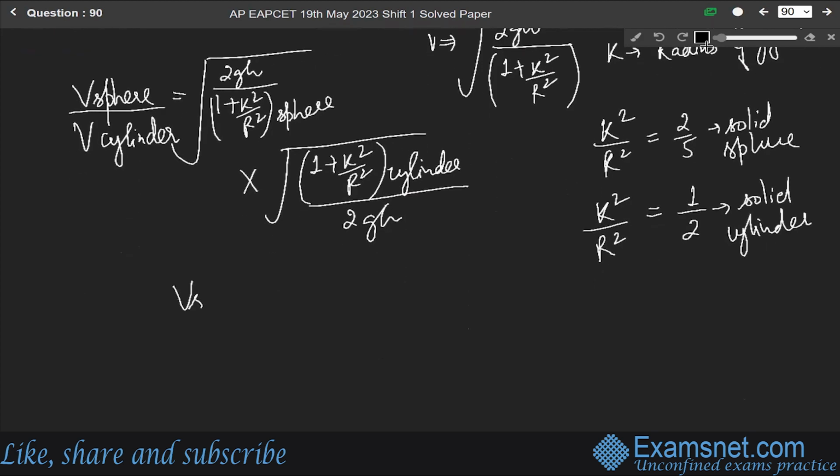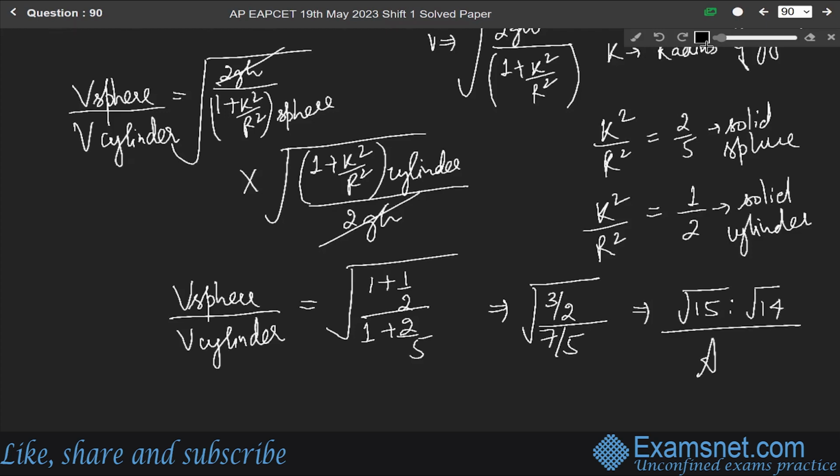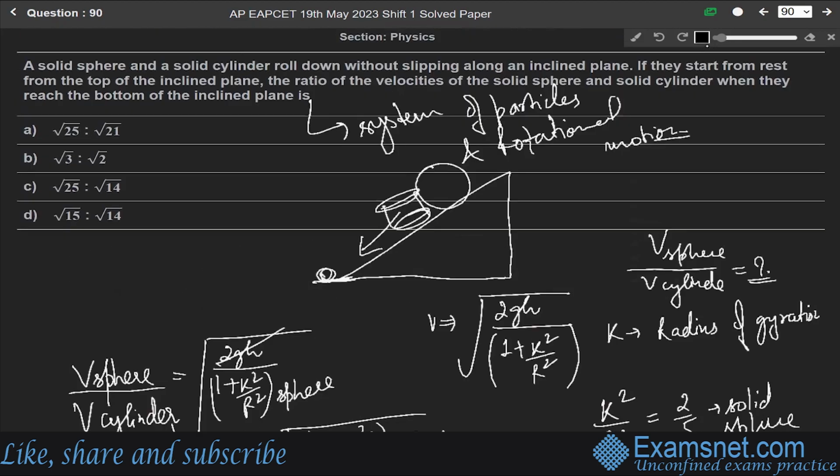The 2gh cancels, so we get 1 plus 1 by 2 over 1 plus 2 by 5. So we get the square root of 3 by 2 over the square root of 7 by 5, which equals square root 15 to square root 14. This is our final answer. So among these four options, option D is the correct answer.